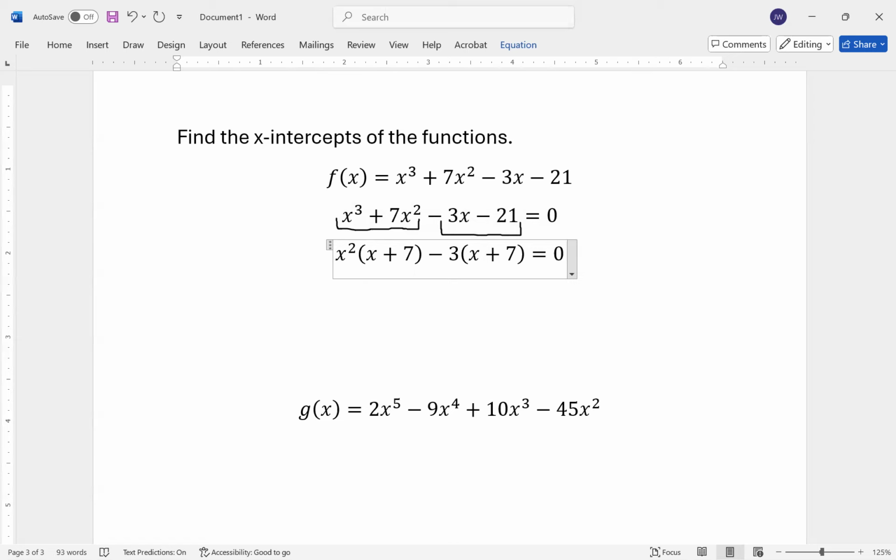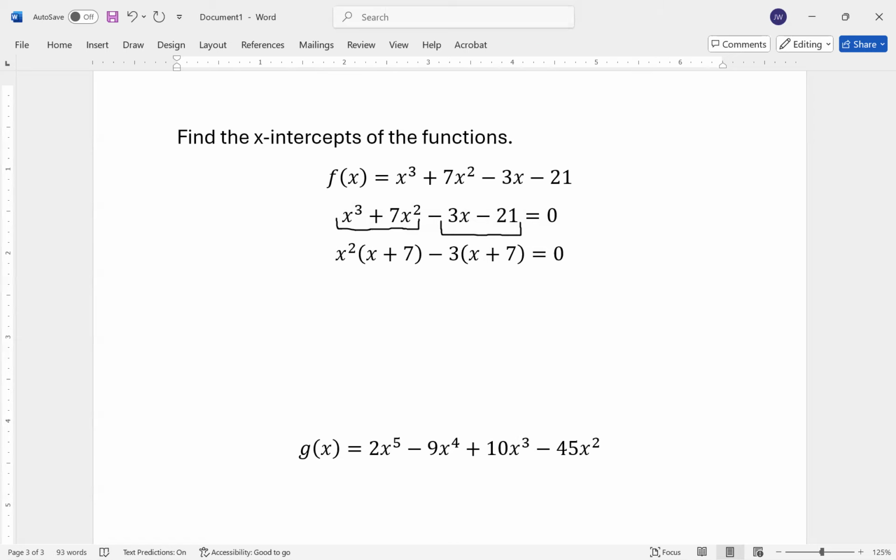Notice that what was left after I factored out the x squared is the same as what was left when I factored out the negative 3. So this is like saying x squared times a minus 3 times a. Well, I could factor out an a in that case.